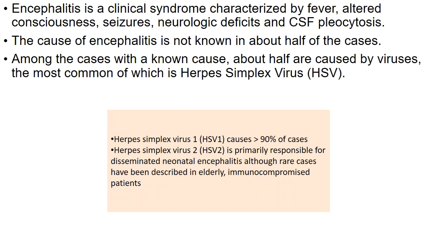Herpes simplex virus type 1 is responsible for more than 90% of the cases. HSV-2, or herpes simplex virus 2, is primarily responsible for disseminated neonatal encephalitis, although rarely it can also involve the elderly and immunocompromised individuals.